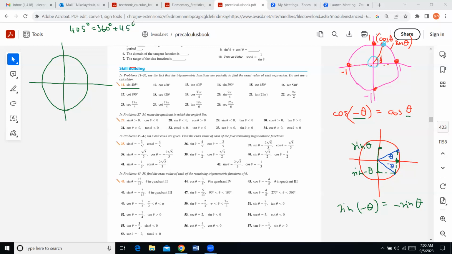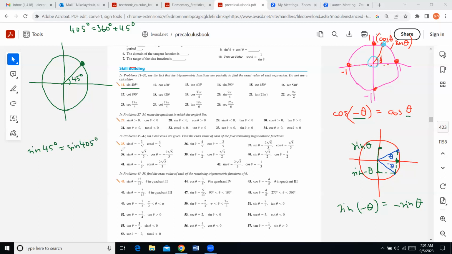A full rotation makes no difference. I just need to look at the 45 degree angle, because if I add 360 or twice 360 or any number of 360s, the result is still the same. In other words, sine of 45 degrees will be exactly the same as sine of 405 degrees.